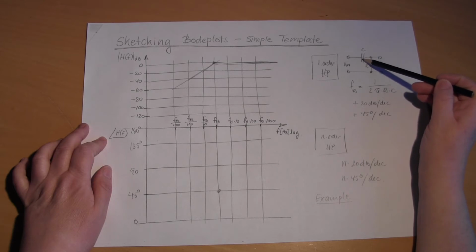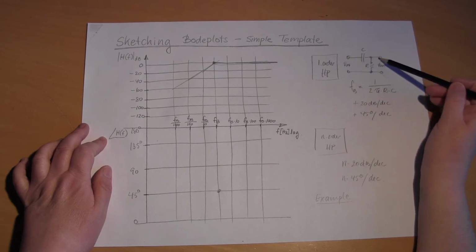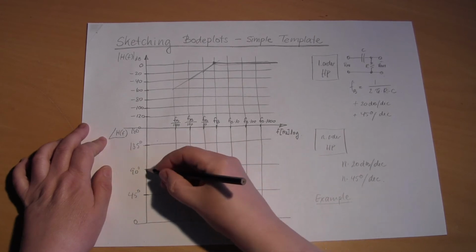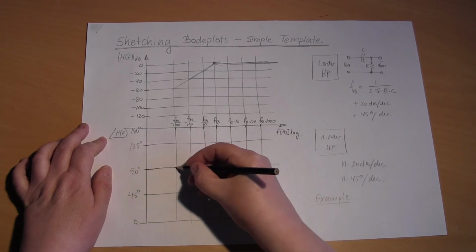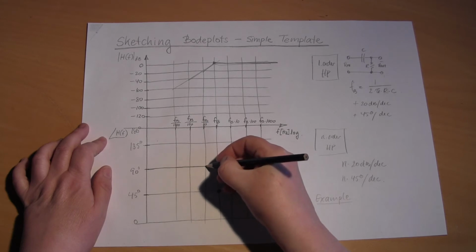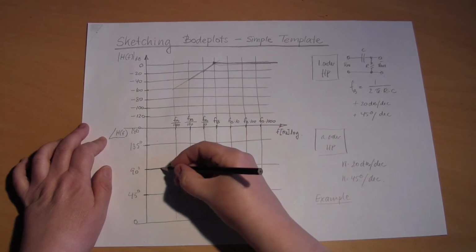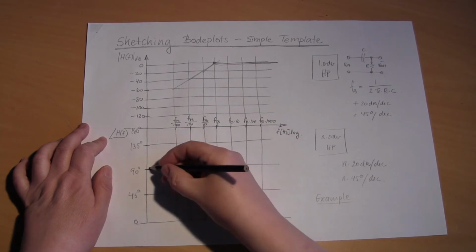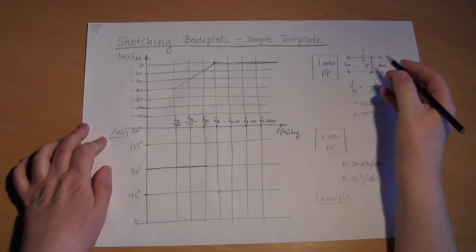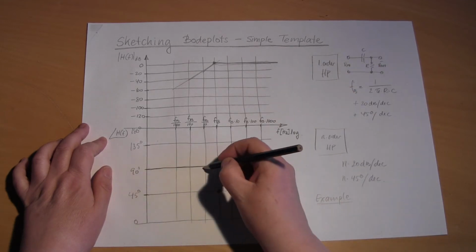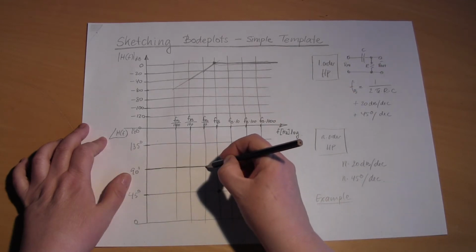And since the capacitor is sitting in line with the current, we will have a starting phase shift of 90 degrees until we come below 1 decade below the breakpoint. So all signals below the breakpoint frequency will always be phase shifted with plus 90 degrees.